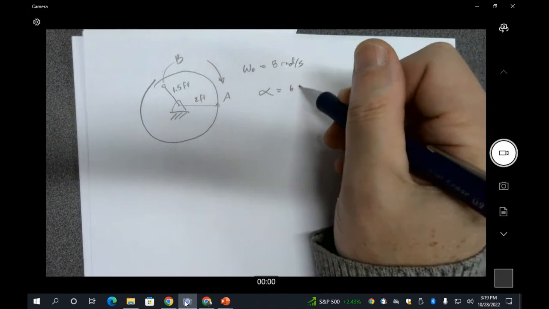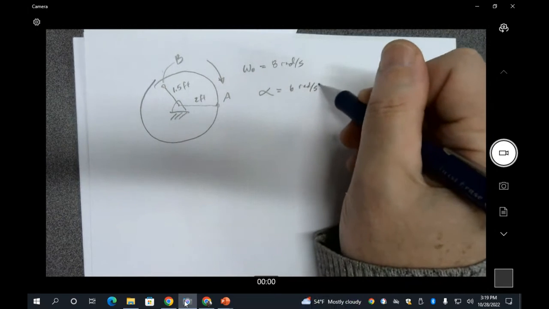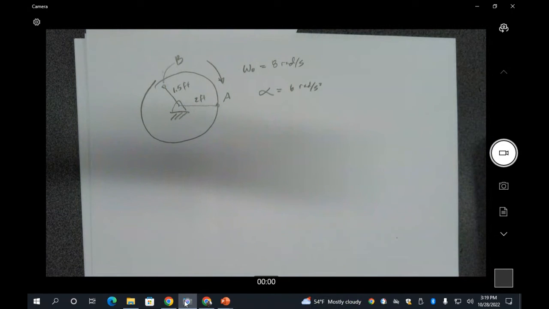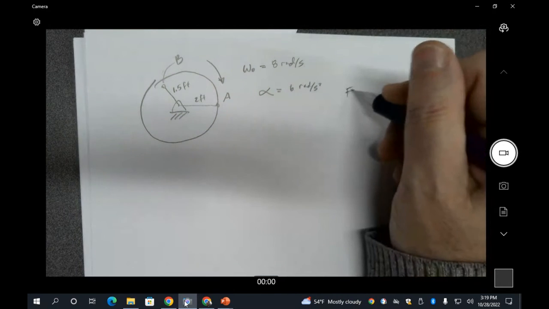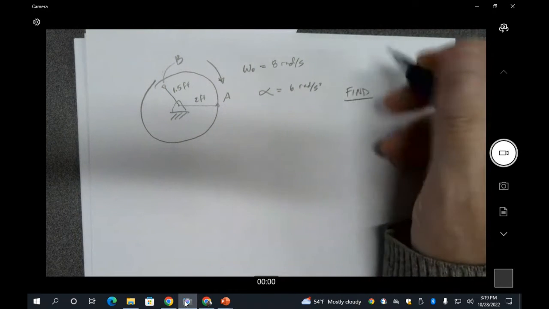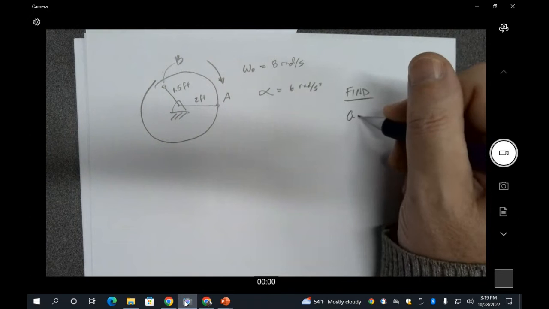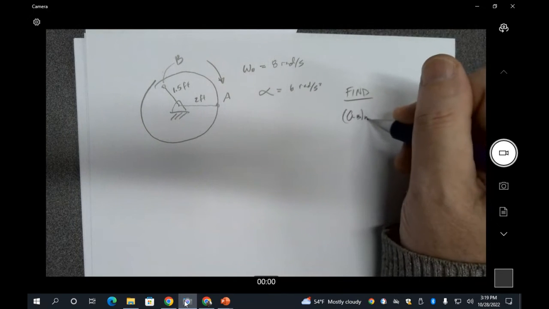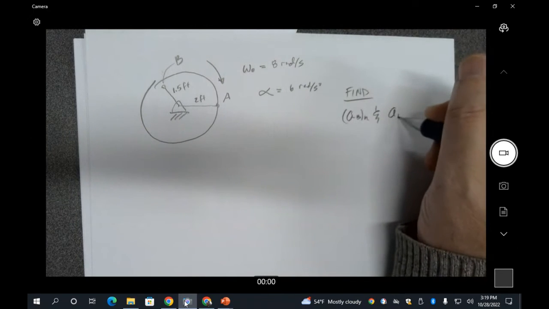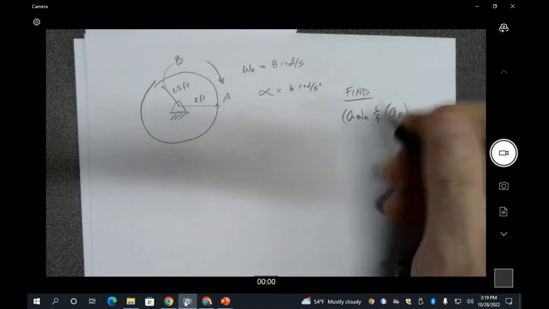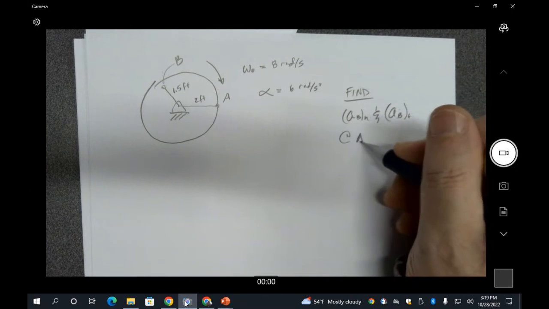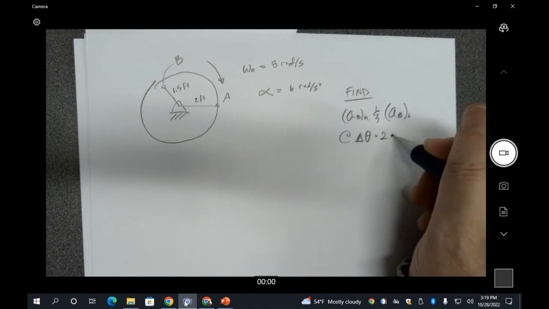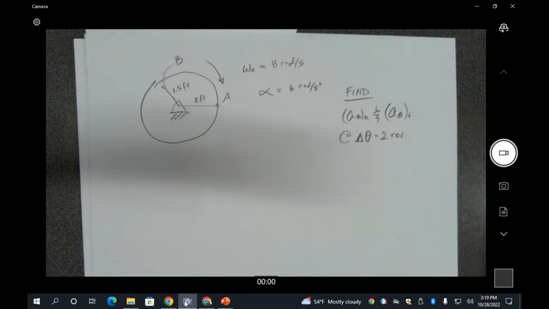As I said, acceleration and not deceleration, but it's nice to be able to know for sure. And we want to find the acceleration of B in the normal and the tangential directions at delta theta equals 2 revolutions.